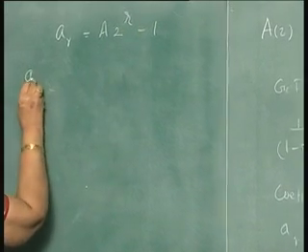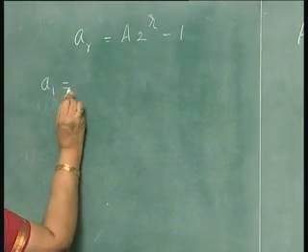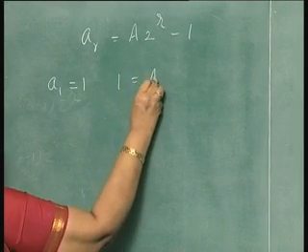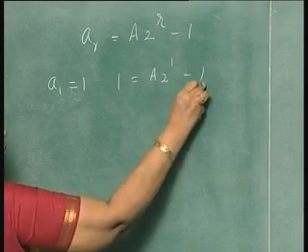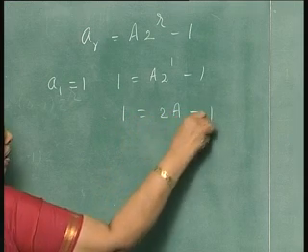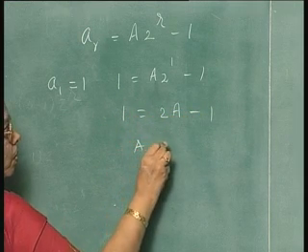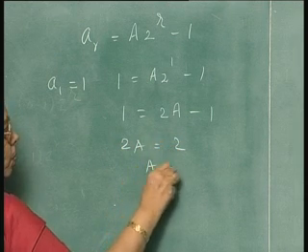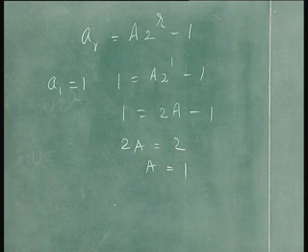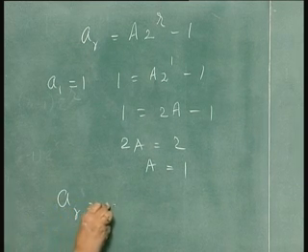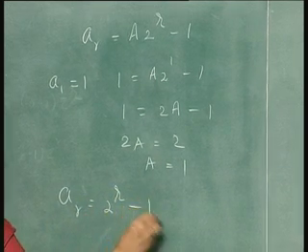You know that A1 is equal to, what is A1? A1 is 1. So, 1 is equal to A times 2 power 1 minus 1. So, 1 is equal to 2A minus 1, 2A is equal to 2. So, A is equal to 1. So, the expression for A_r is 2 power r minus 1.